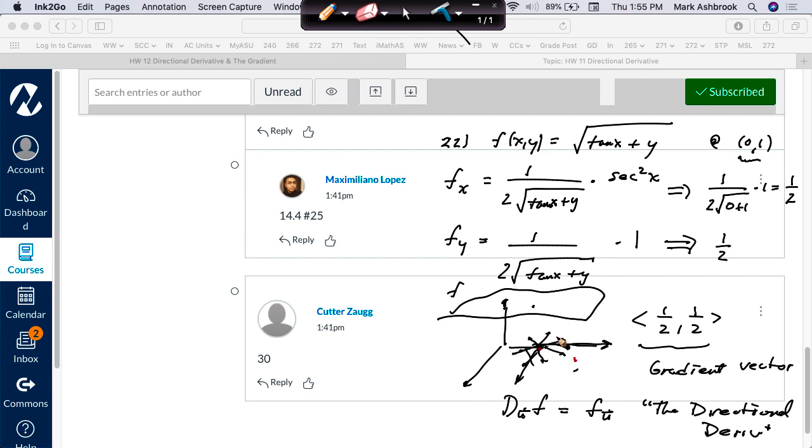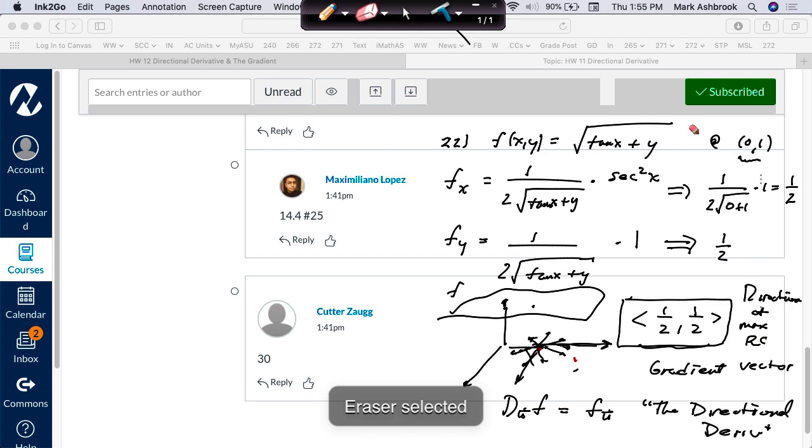I'm not talking about calculation. It's just which direction will give me greatest rate of change. And it turns out that the gradient vector gives you the direction of max rate of change of z, or of the surface. That's what we talked about last time, at the end of class.